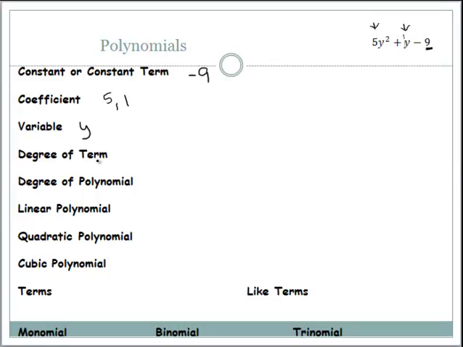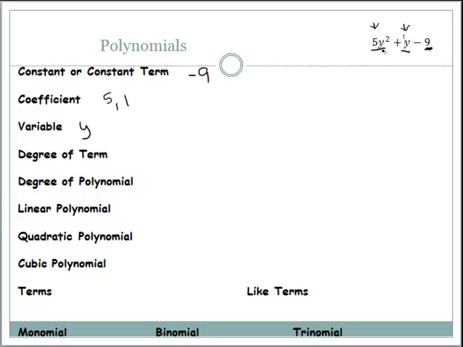The degree of a term is the degree of a particular term. So we're looking at these three terms. The degree is the sum of all the exponents of the variables in each term. That was a little bit difficult to understand, so let me say that again. It's the sum of the exponents of the variables in a term.